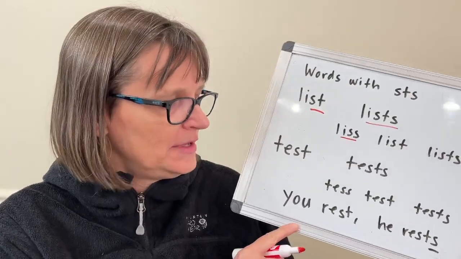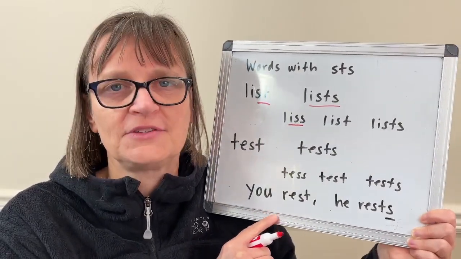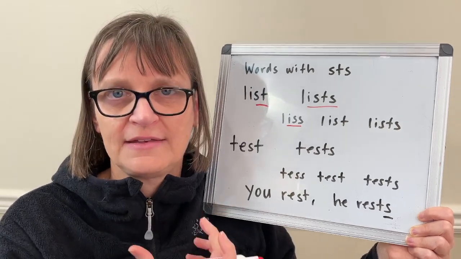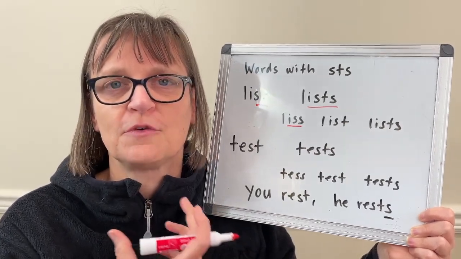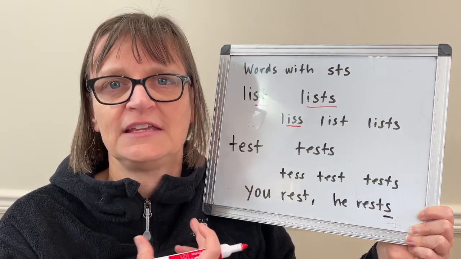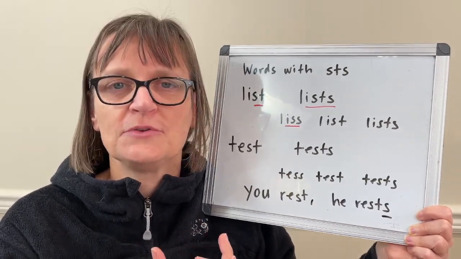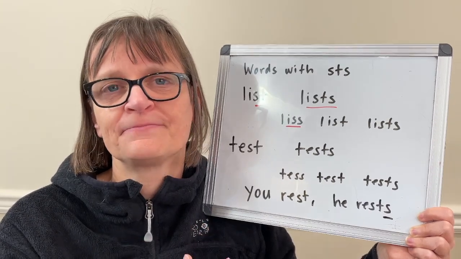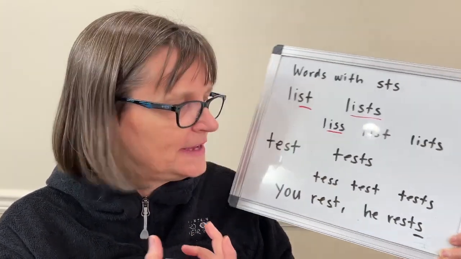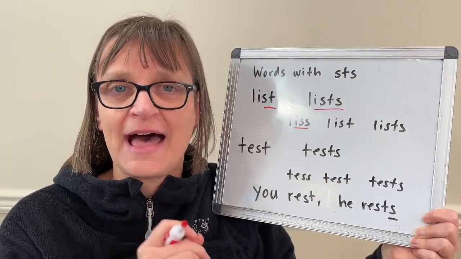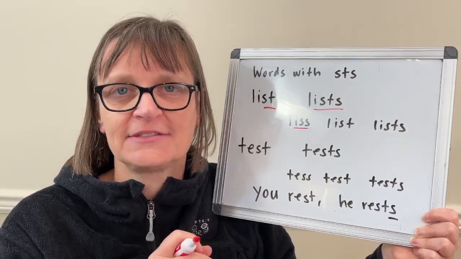For example, try the phrase, you rest, he rests. We need the STS at the end of rests for the he, she, and it form. It rests, she rests, he rests. We also use this for words like everyone, everyone rests, everyone sits, that's not an STS, everyone, it lasts, everybody lasts.